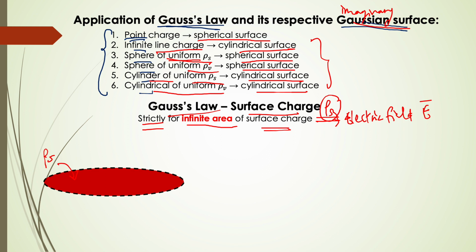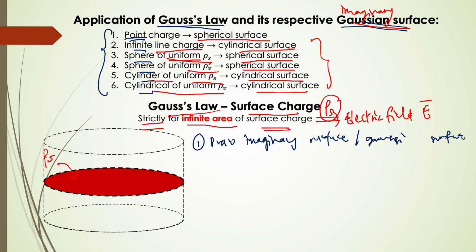So the first step is we must draw the imaginary surface, or Gaussian surface. I hope you can read my handwriting. It's very bad here, but I hope it is readable. What is the appropriate Gaussian surface for this structure? Can you guess?